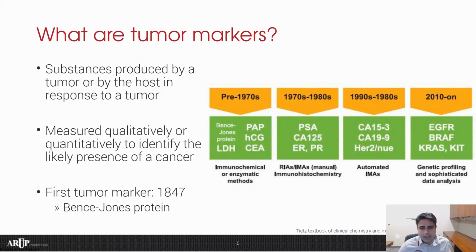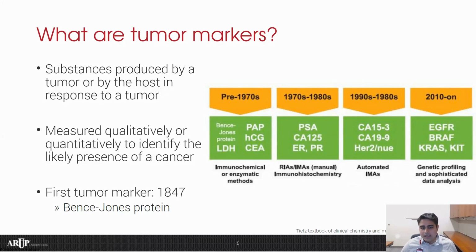On your right-hand side, you can see a timeline of tumor marker development as well as evolution of different assays that has occurred over a period of time. So as you can appreciate from this depiction, pre-1970s, the tumor markers that were being used were Bence-Jones protein, lactate dehydrogenase, Pap smear, HCG, carcinoembryonic antigen, etc. And the methods that were used were enzymatic methods or immunochemical methods.